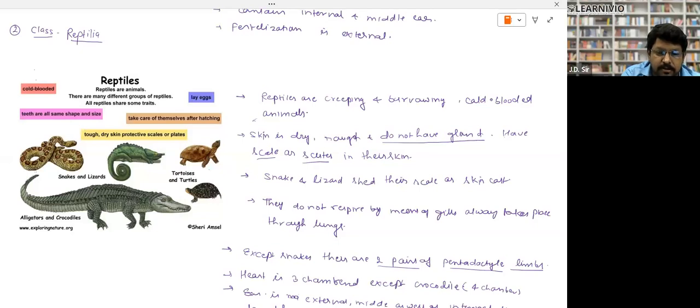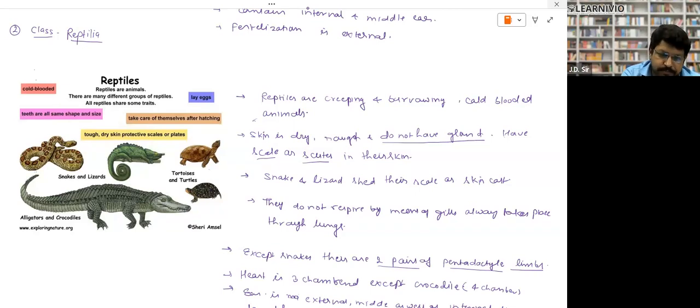and do underline it. These are basically the NEET questions which I have underlined. They do not have any gland on the skin.